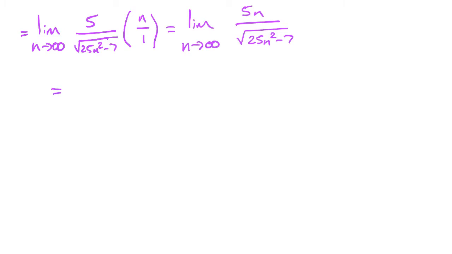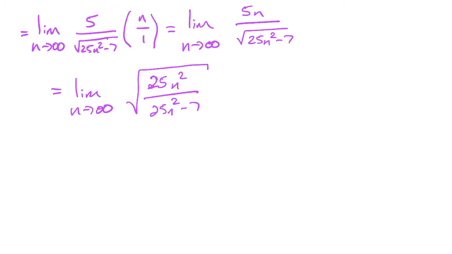If we square the top, we can rewrite that as the limit as n goes to infinity of the square root of 25 n squared over 25 n squared minus 7 inside the square root.